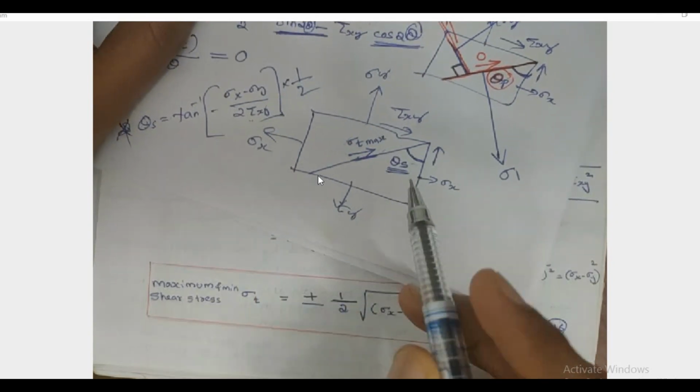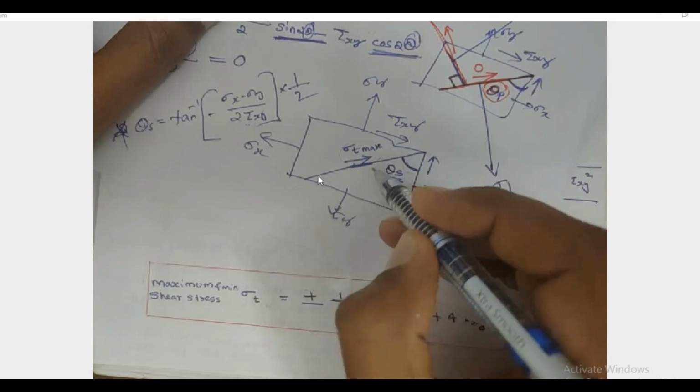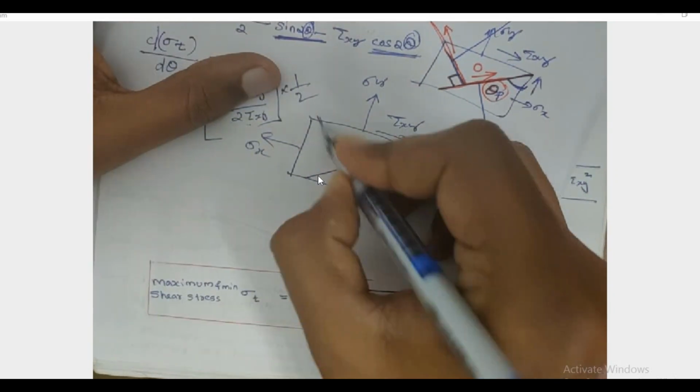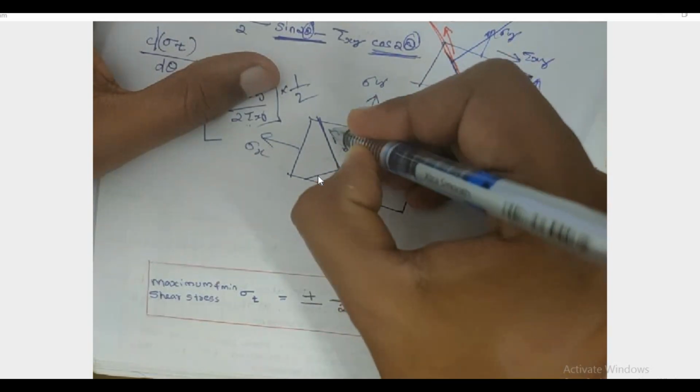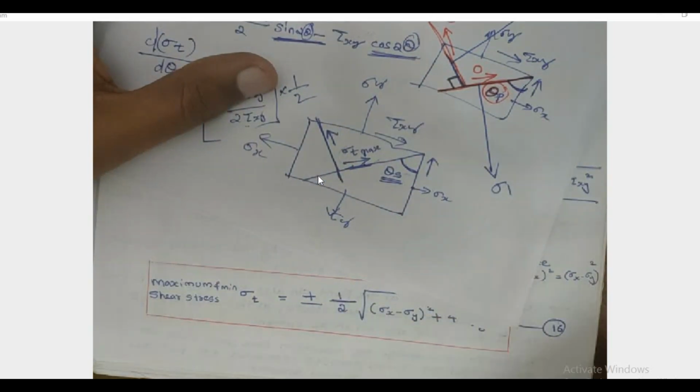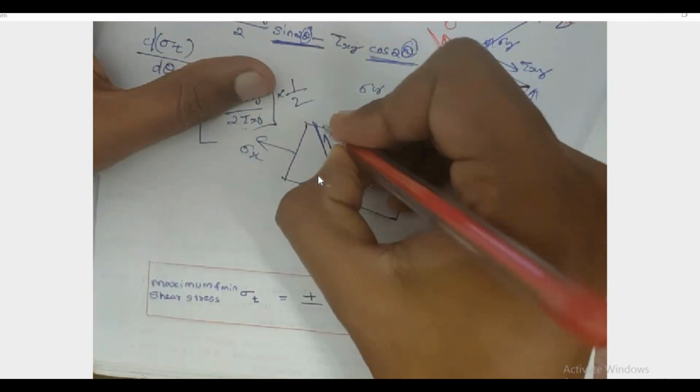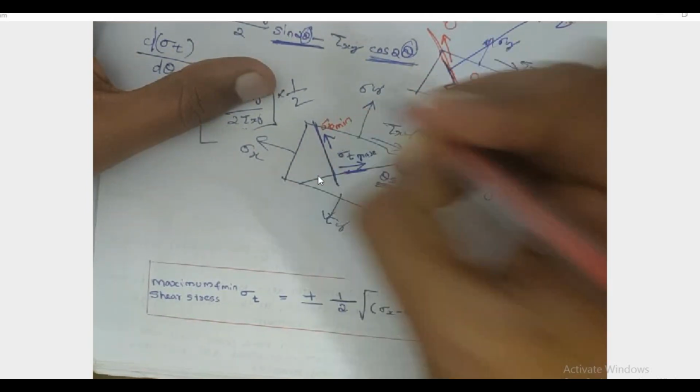Similarly, there will be another plane with the minimum shear stress, that is at an angle of 90 degrees with the plane of maximum shear stress. This is the plane containing minimum shear stress, sigma t minimum.